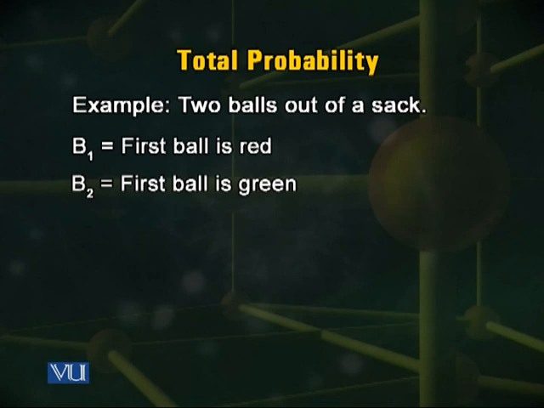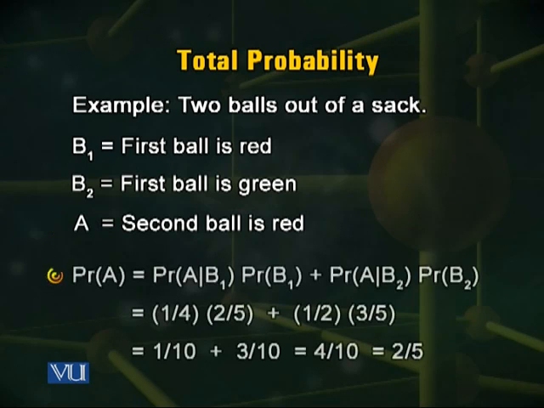So the whole sample space of the first part of the experiment has been divided into two parts, B1, the first ball is red, and B2, the first ball is green. Now let's take an event A over this complex two-part experiment, and this event is that the second ball is red. Now let's condition this event on the two elements of the partition, B1 and B2.